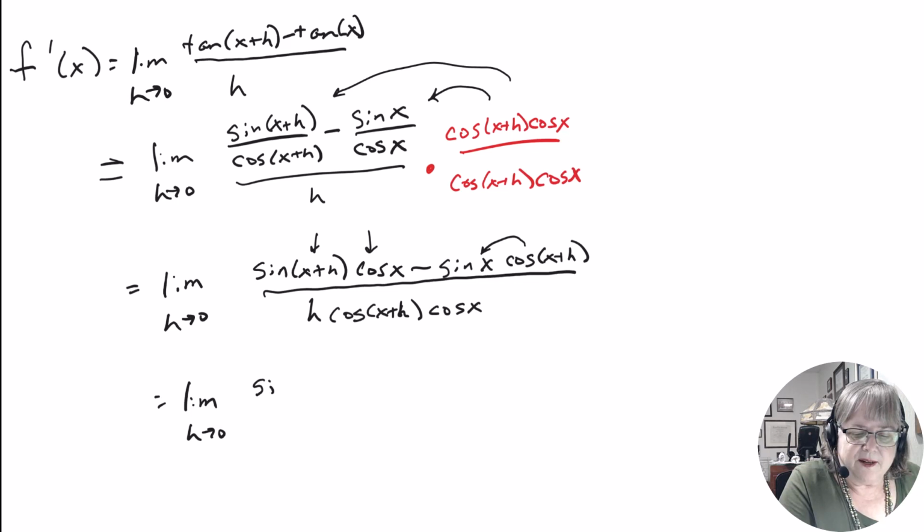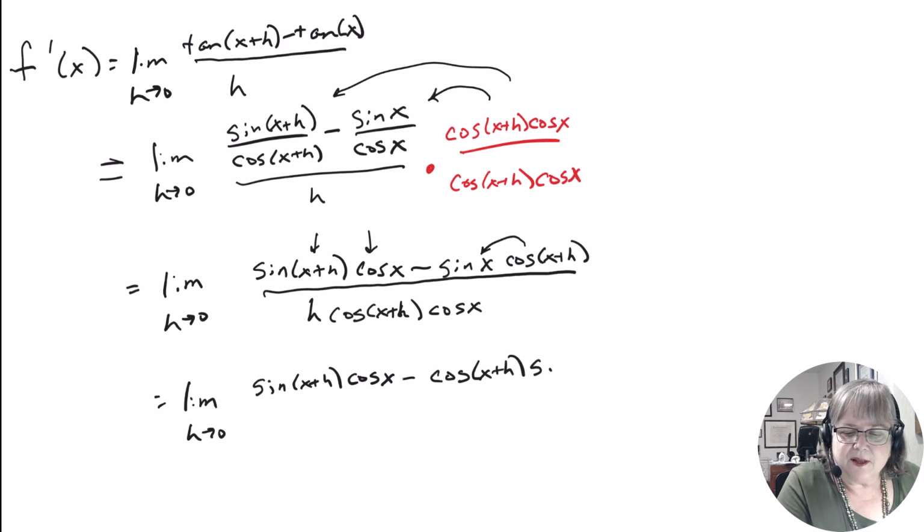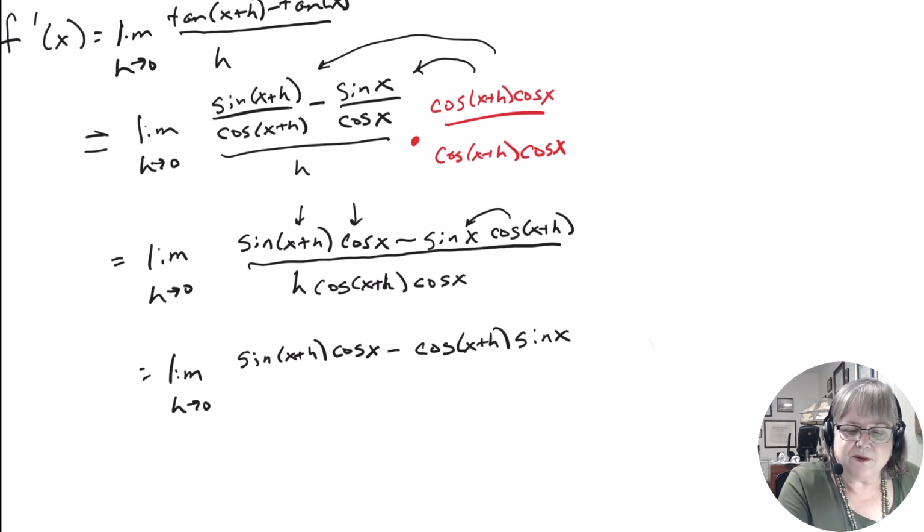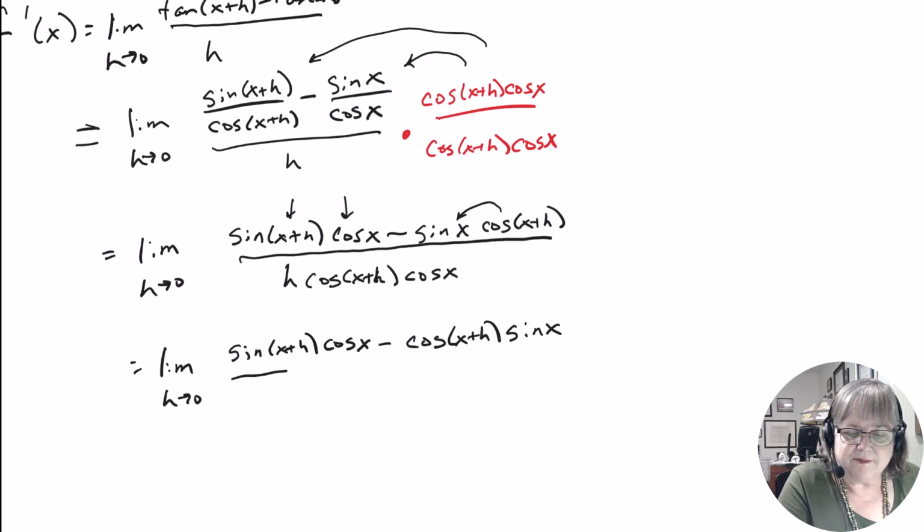So it's sine of the first, cosine of the second, minus, because it goes sine, cosine, cosine of the first, sine of the second. So it goes sine, cosine, cosine, sine over h.